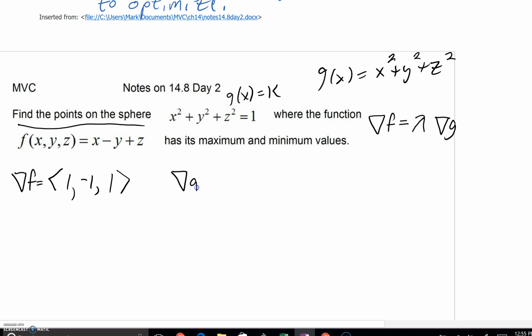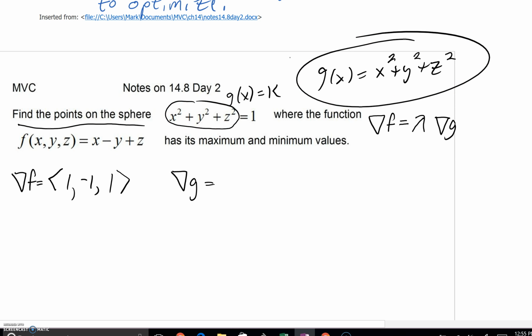And then we'll take a look at the gradient of g. And of course, g is just this function right here as we've written up at the top. This is looking a little bit different. That would be partial derivative with respect to x, a 2x. Partial derivative with respect to y, 2y. Partial derivative with respect to z, 2z.